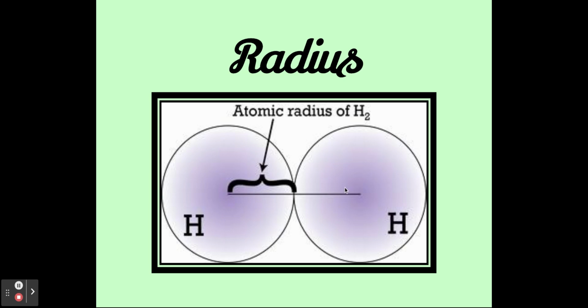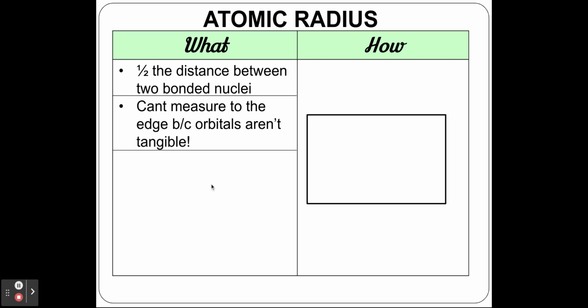So here we have two hydrogens bonded together. You can find the bond length between them, and then once you find that, you just divide it in half, and that becomes the radius of one atom. So the atomic radius is 1/2 the distance between two bonded nuclei. And you can't measure to the edge because orbitals aren't tangible things. So it's not like we can actually measure an orbital length or anything like that.